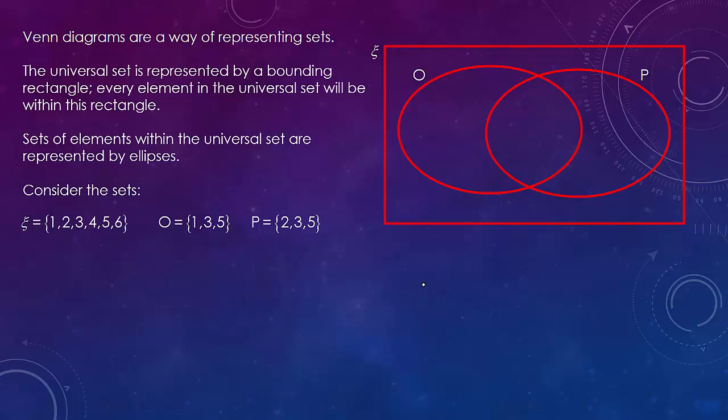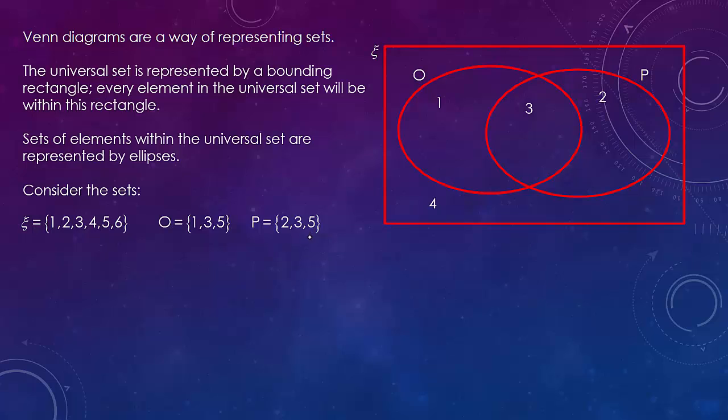So let's think about where 1 goes. 1 is odd, but it's not in P, so it must appear here. 2 is in P, but of course it's not odd. 3 would go in the middle. It's both odd and prime. 4 appears in neither of these sets, but it is a member of the universal set, so it's within the rectangle but outside of the 2 ellipses.